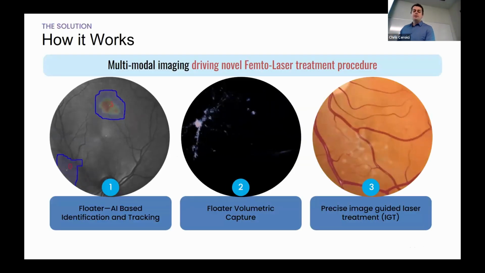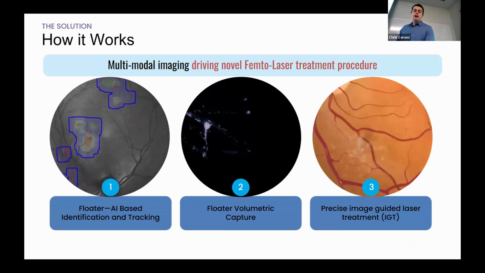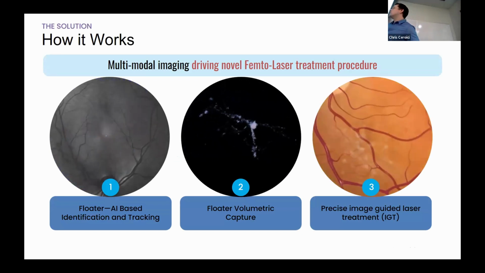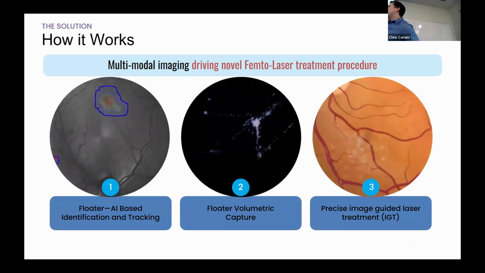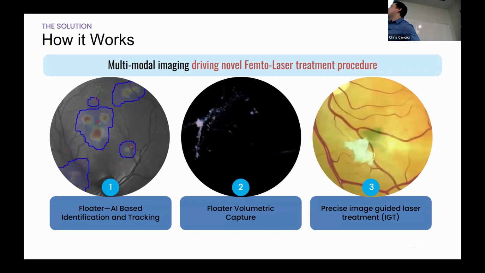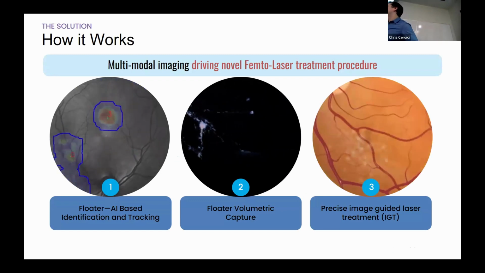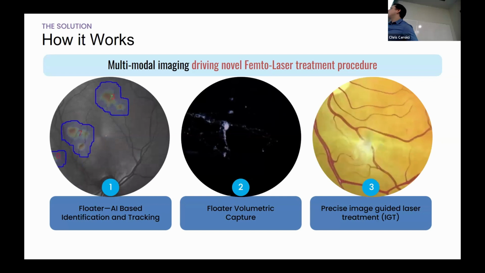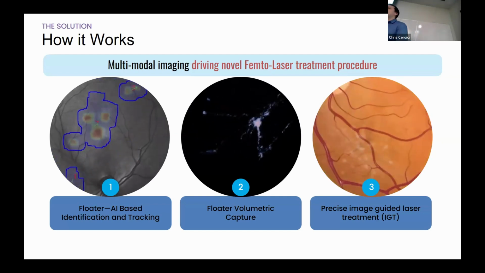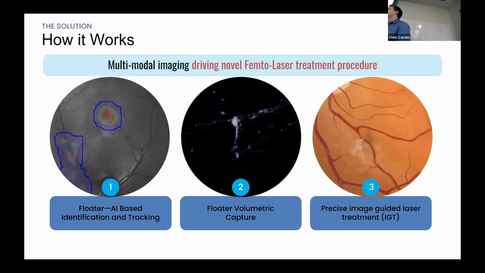So how are we using AI for this? This is kind of just a summary of our treatment pathway. So we use AI to first detect floaters, and I'll get into more on what that means on the left there. This is essentially looking at a shadow of floaters projected on the retina. We're using AI to track those shadows. We then want to visualize and image the floaters in 3D. As you can imagine, floaters are suspended in the vitreous.